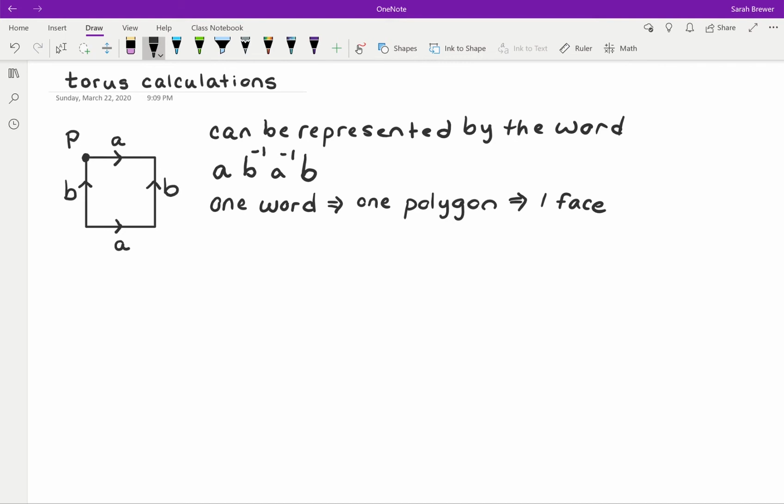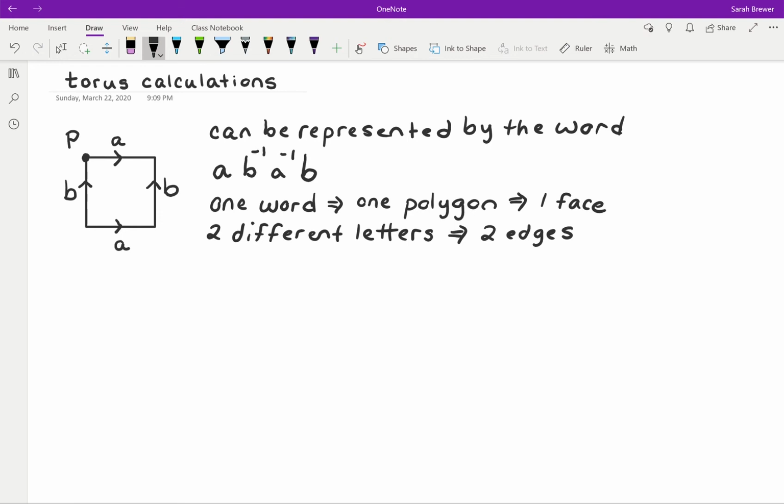So next I notice that in my word, I have two different letters being used, A and B. It doesn't matter that some of them have inverses and some of them don't. So I have two different letters. That tells me that I have two edges. And remember, the A edges will end up glued together to be a single edge. The B edges will end up glued together to be a single edge. So that's two total edges.